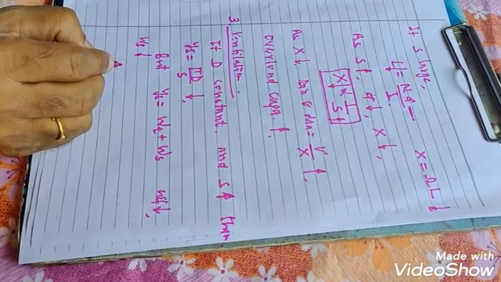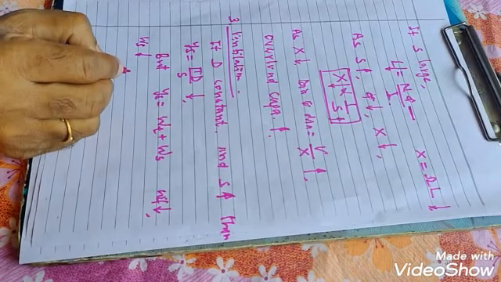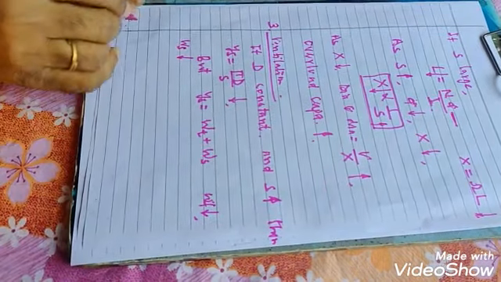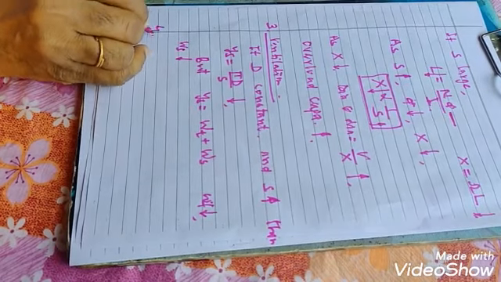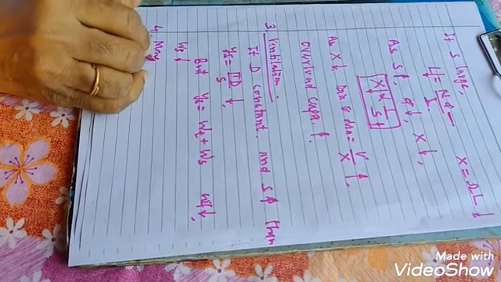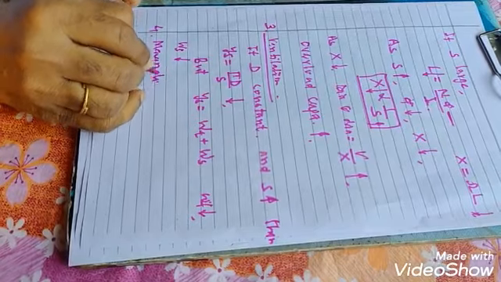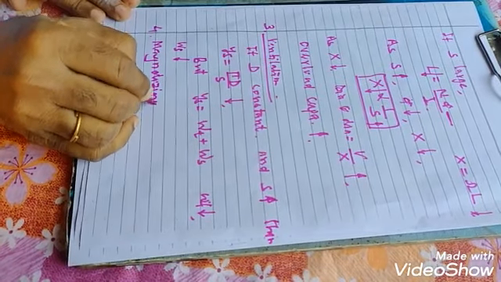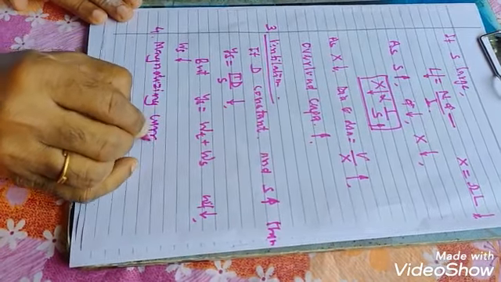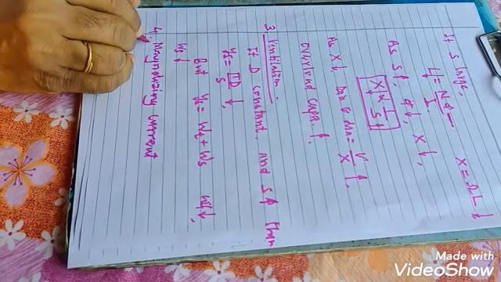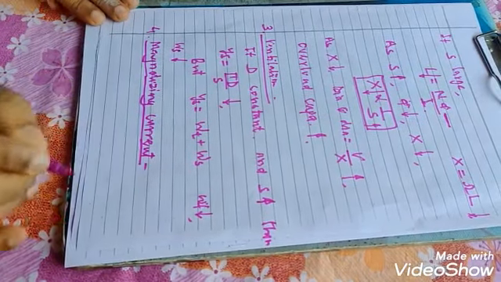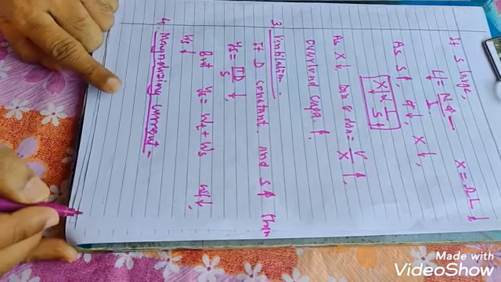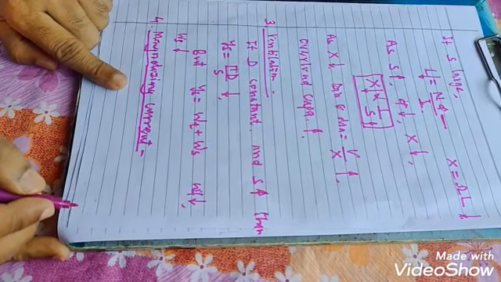Then the next point is point number 4, magnetizing current. Magnetizing current is for producing magnetizing flux. No load current depends on this component.